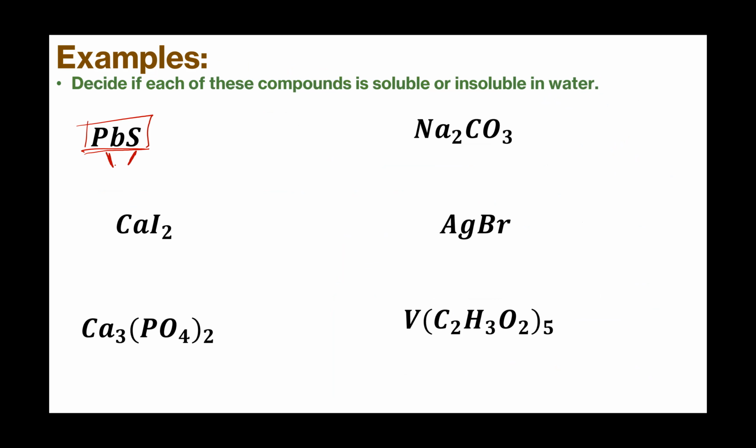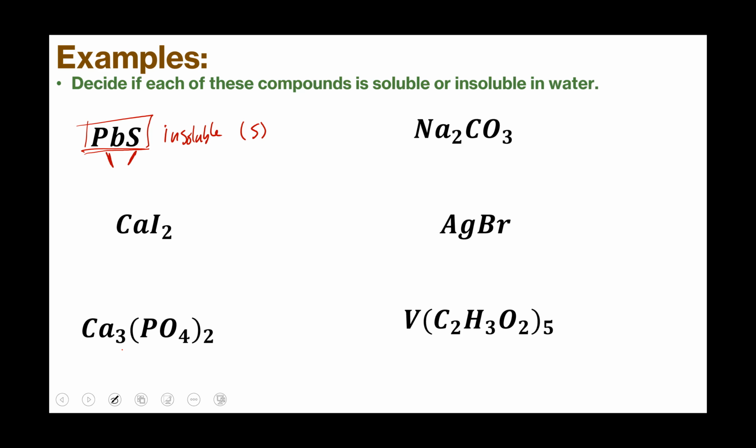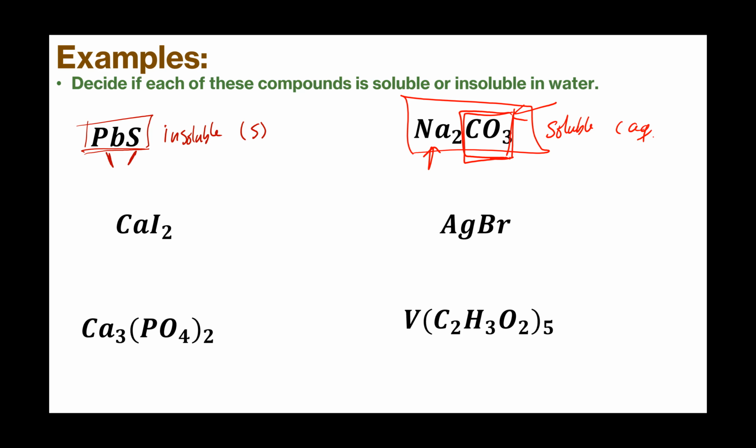Lead is not an exception, so this is insoluble, which means we would write solid if we're doing a reaction. If we look over here at sodium carbonate, carbonate we don't have a guideline for, which would mean that carbonate should be insoluble. However, sodium is one of our always soluble ones, so this is soluble. If you see this, this should be aqueous.